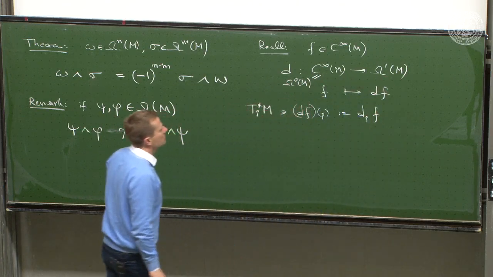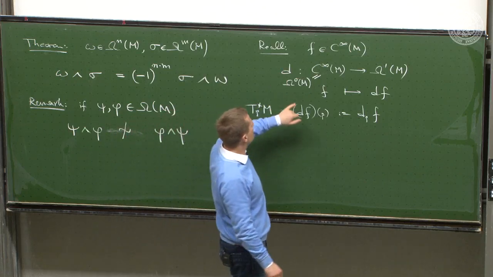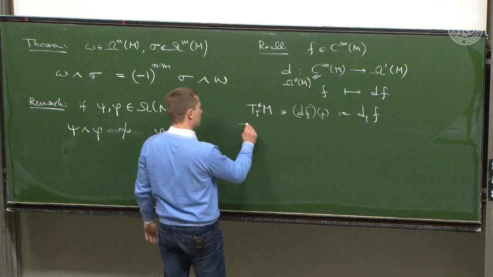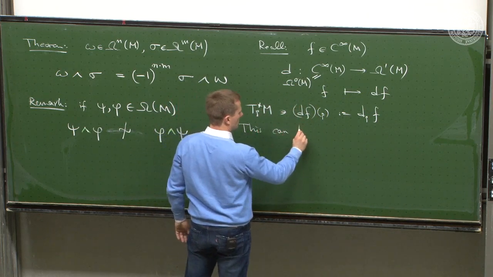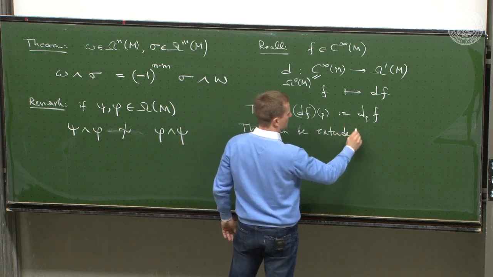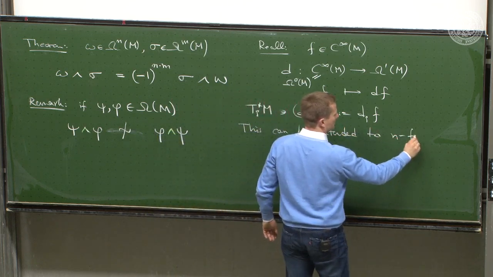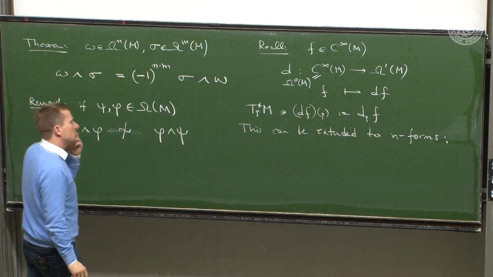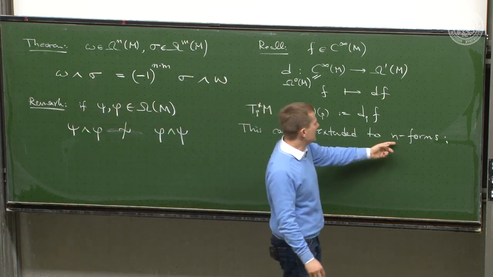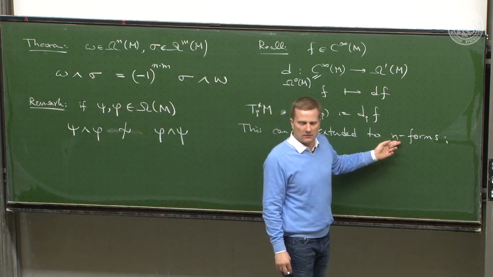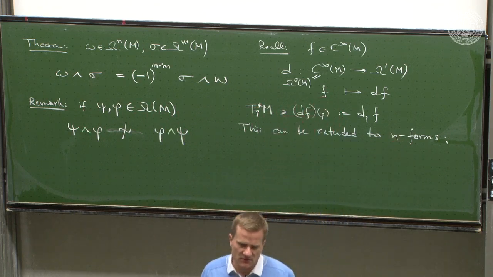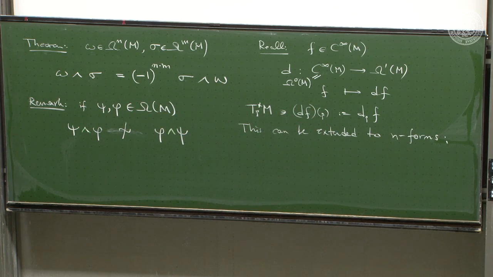Now what we would like to do is extend d such that it takes an n-form to an n plus 1 form. So this can be extended to n-forms. Now you ask, why don't you extend it to any tensors? n-forms are just specific tensors, and the answer is, on tensors you cannot write down a derivative without adding further structure to the manifold.